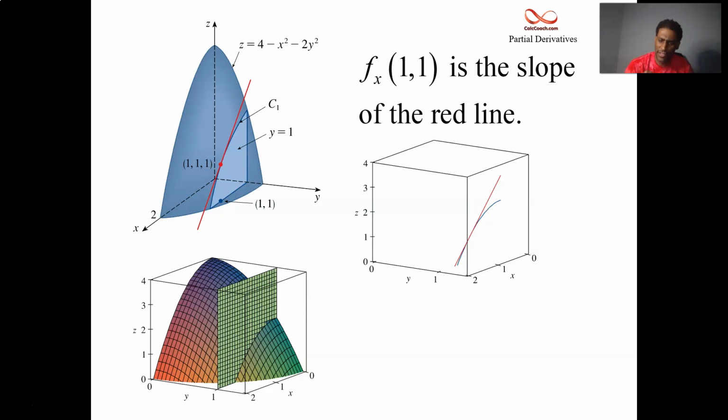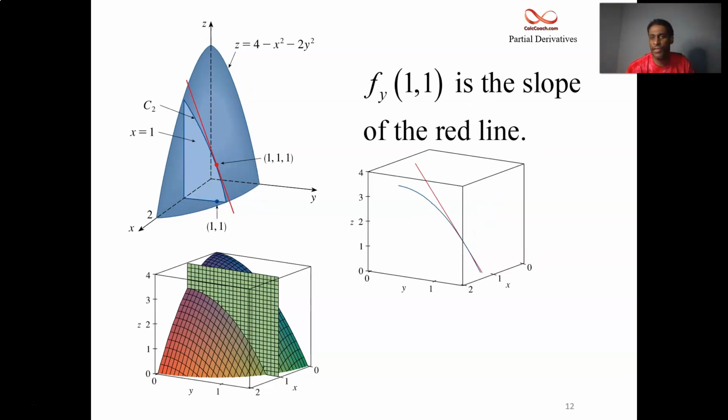All right, so now that we understand what we're measuring, let's flip it and talk about the other guy. What about the y partial? Well, with that one, you're holding x equal to a constant. That's like slicing with the plane x equals 1, seeing the intersection, now called curve 2, and finding the slope of that curve at that point.